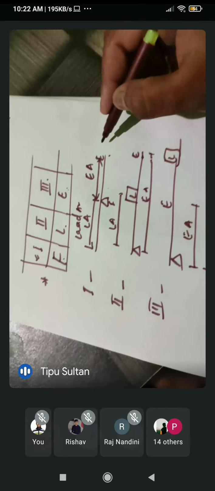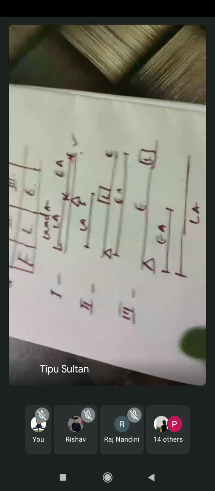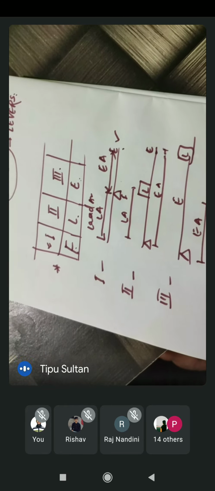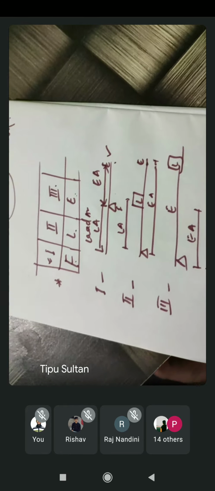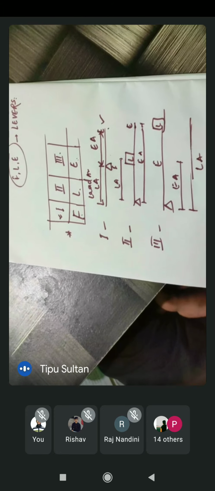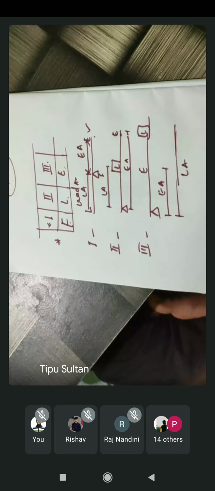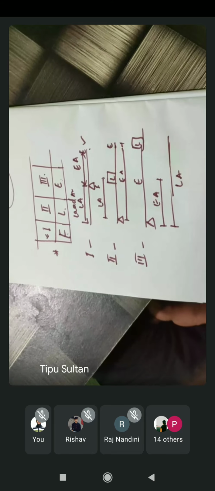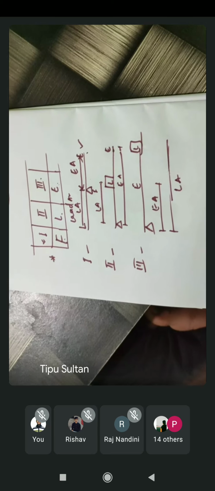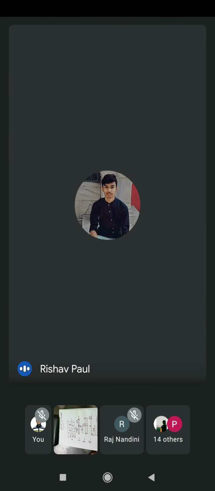Now, example of class 1 lever. Tell me. Example of class 1 lever. Anybody? The seesaw. Yes, very good.